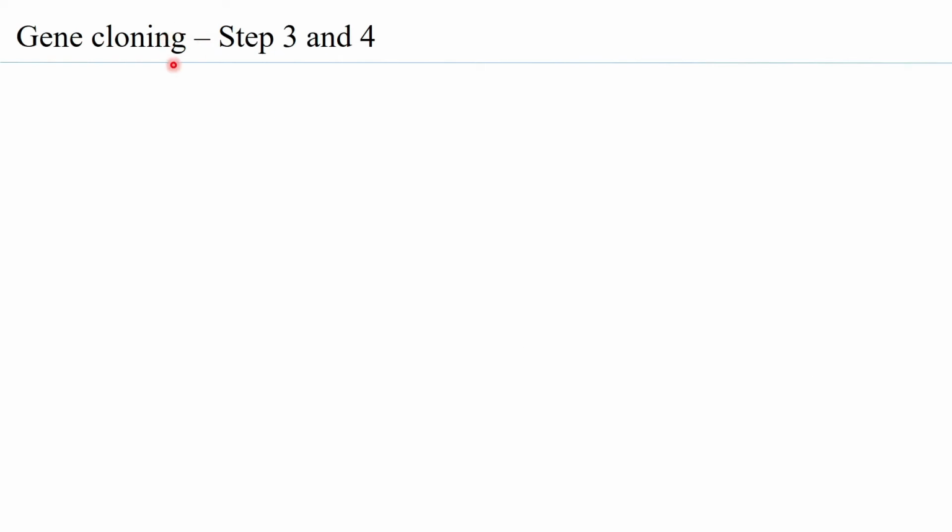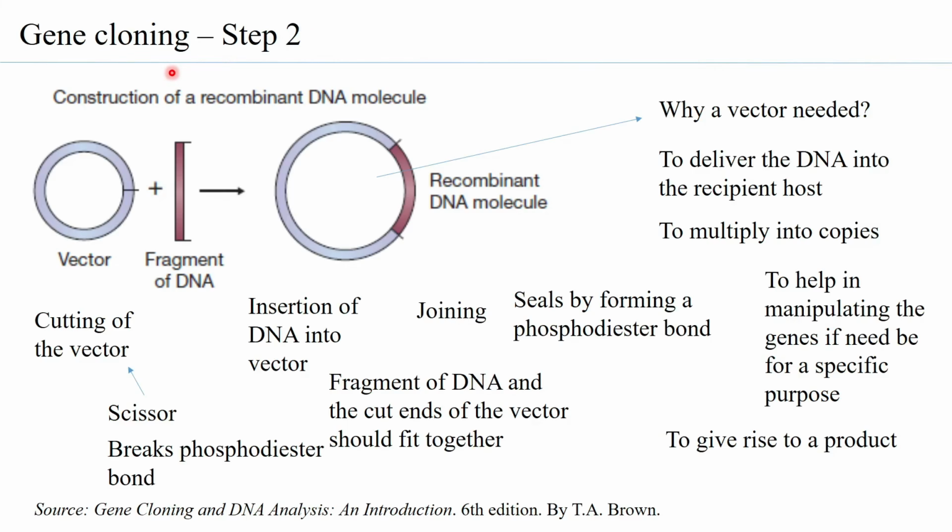Now let us go to steps 3 and 4 of gene cloning. Once you have the fragment of DNA inserted within the vector, this entire molecule with its integrated fragment of DNA is called a recombinant DNA molecule.